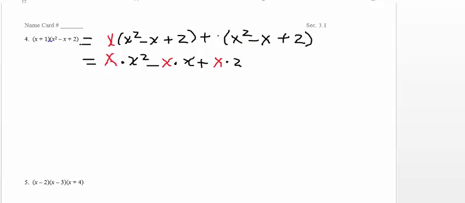And then let's put this 1 in blue. So I also need to multiply this positive 1 times every term of the second polynomial.